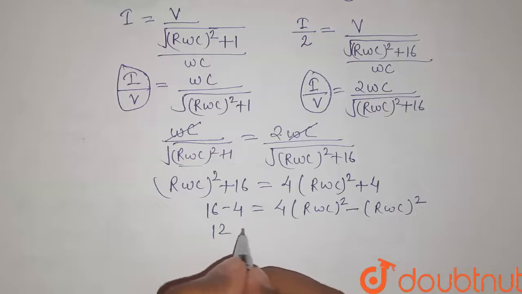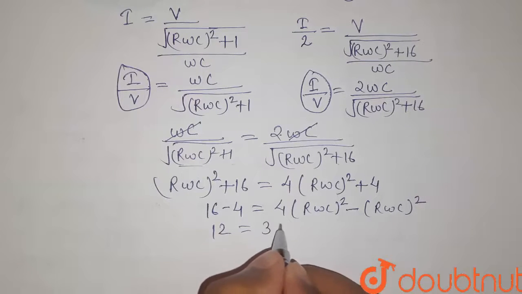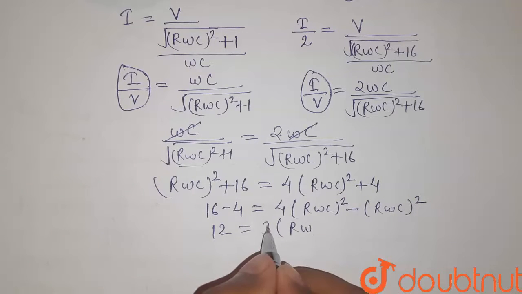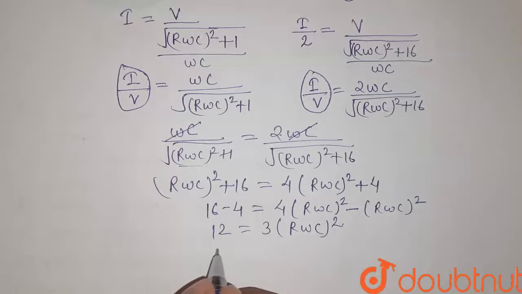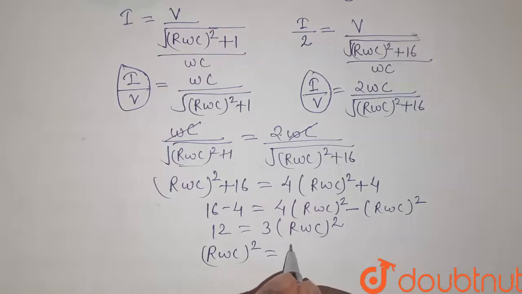So it becomes 12 equals 3 into (R omega C) square. So (R omega C) square equals 4, and on taking the root we have R omega C equals 2.